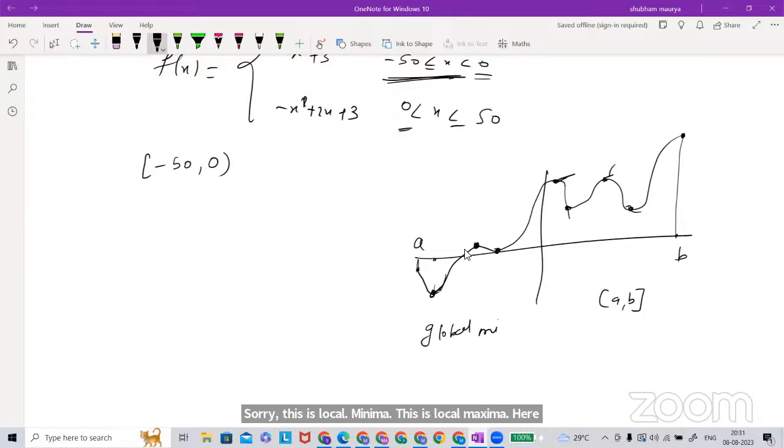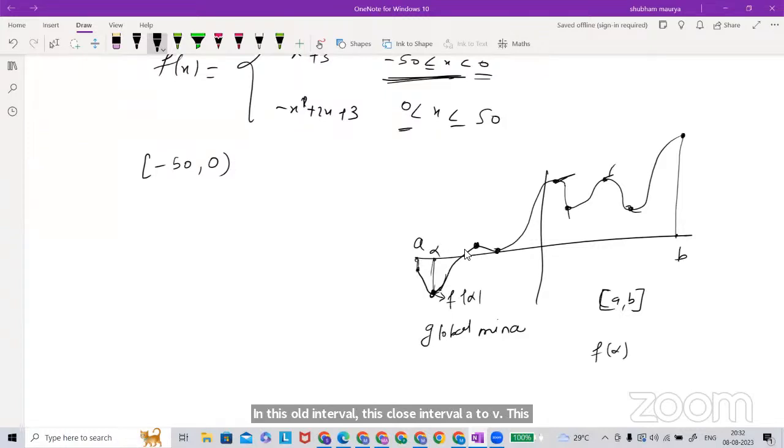The definition of global minima: at this point the function attains the minimum value in this whole closed interval A to B. Suppose this is alpha and the function value is f alpha.